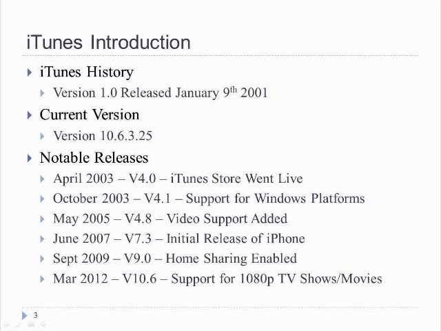The first of which happened in April 2003, that was version 4.0, and this is when the iTunes Store first went live. So for the first time, you were able to download a program onto your computer, use that program to go on to the iTunes Store, choose a file you wanted to legally download, and copy it to your machine.